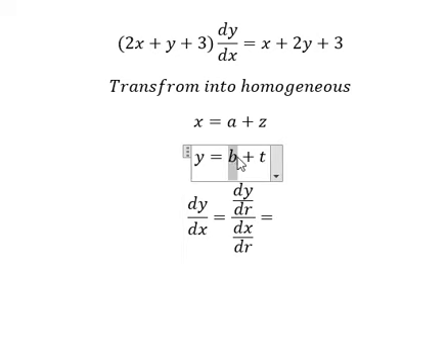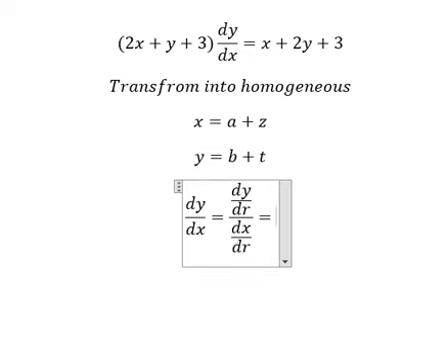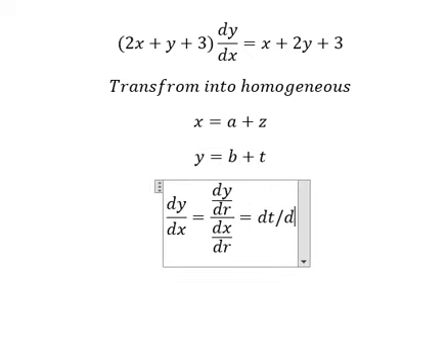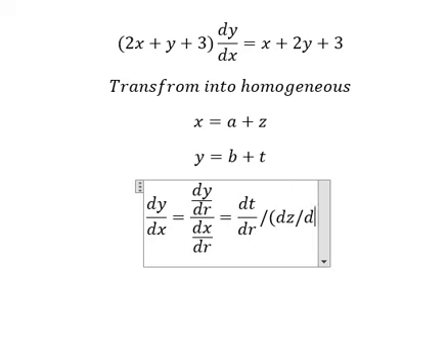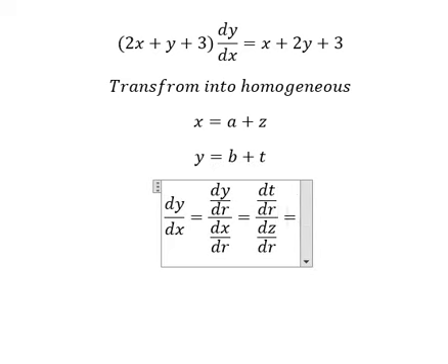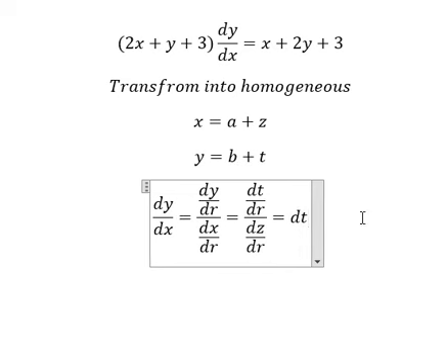So this one is the constant, so you get 0. This one we have 1, so we have dt over dr divided by dz over dr. So if we simplify dr, we get dt over dz.